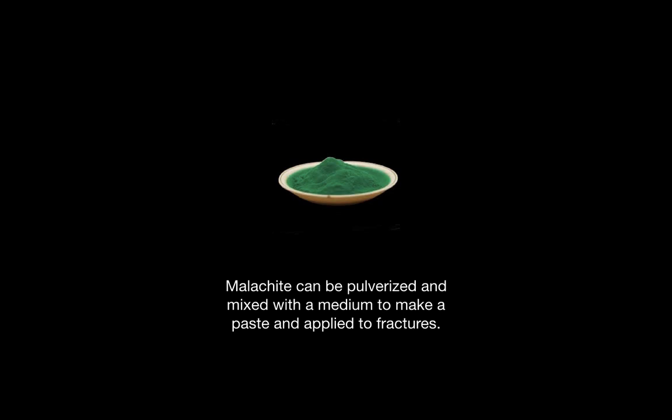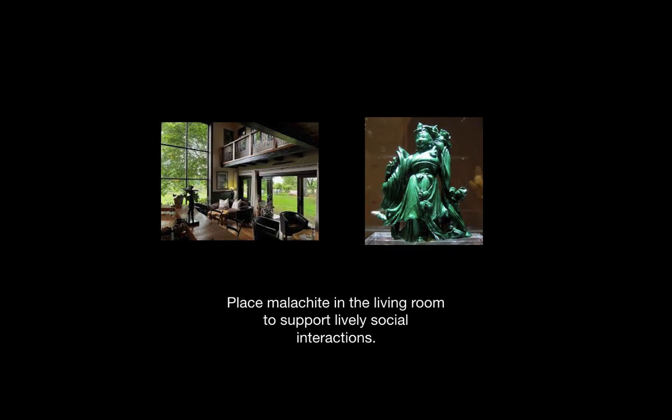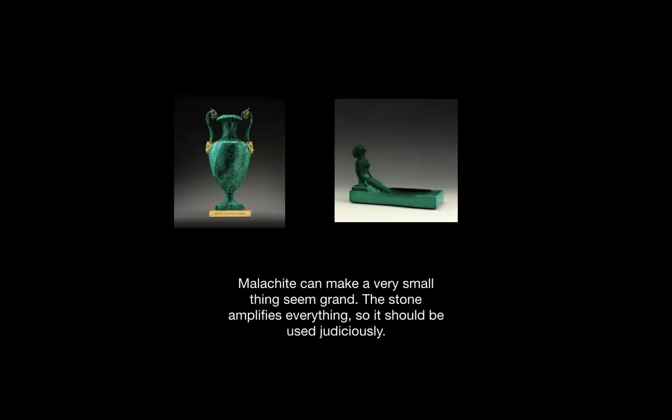Malachite can also be powdered and mixed with a medium to make a paste and applied to fractures. When placed in the living room, it supports lively social interactions. It can make a very small thing appear grand, so it should be used judiciously.